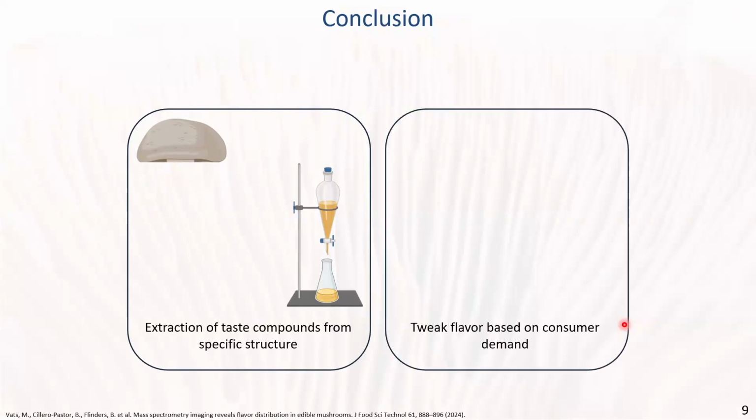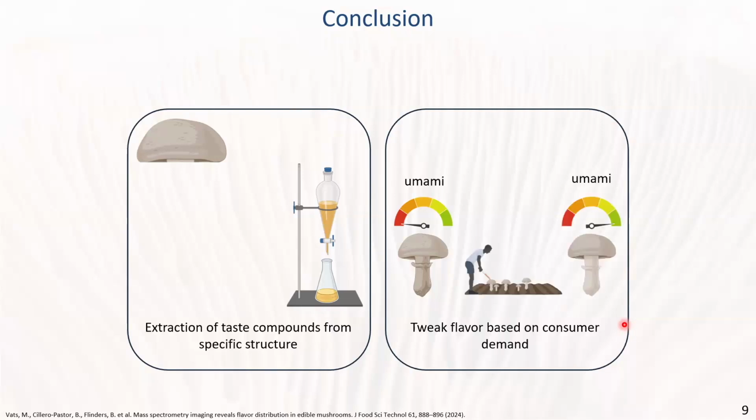And then we also know that the mushrooms can be harvested and grown in different conditions and harvested at different times to get different taste profiles in the different structures of mushrooms. So I think imaging will also help the growers to do that.